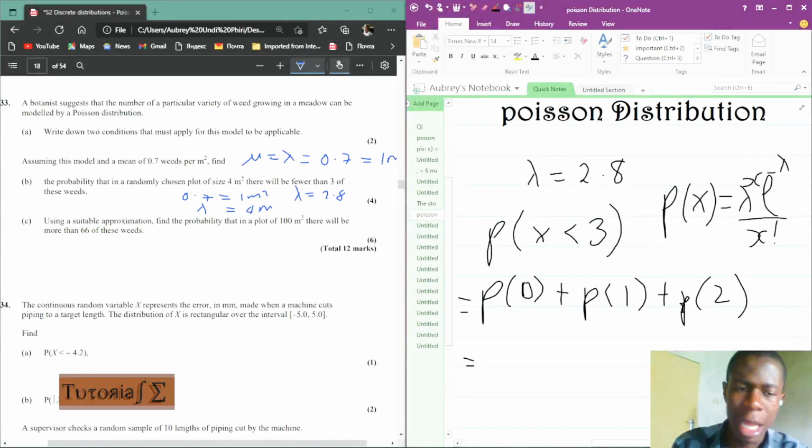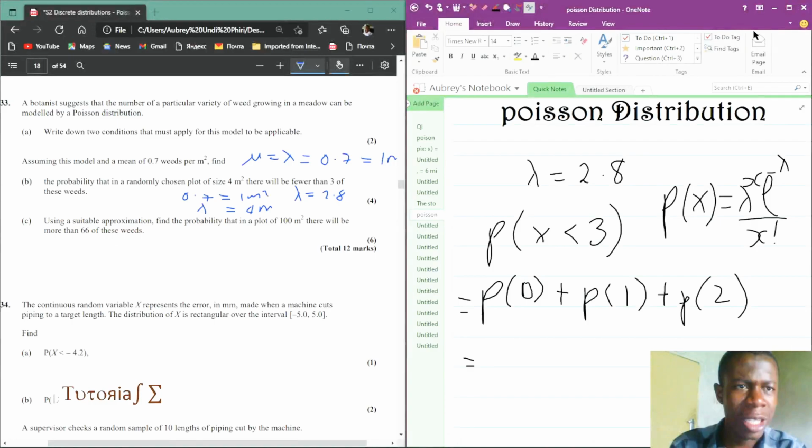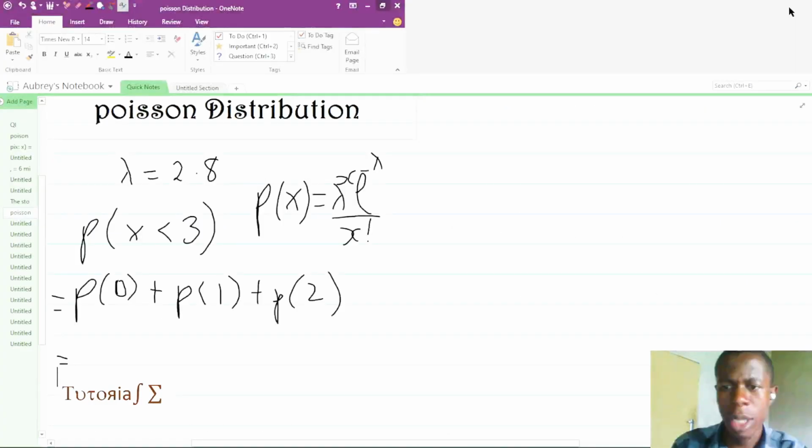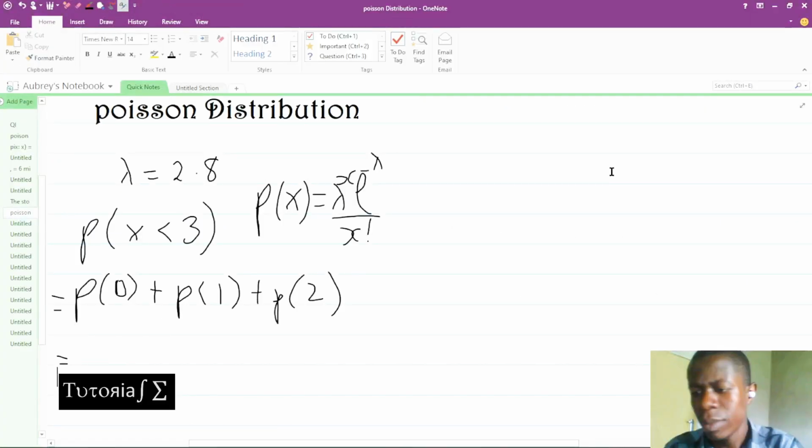So now x is 0. Let me just expand. Probability of x being 0: we are putting in the formula here.